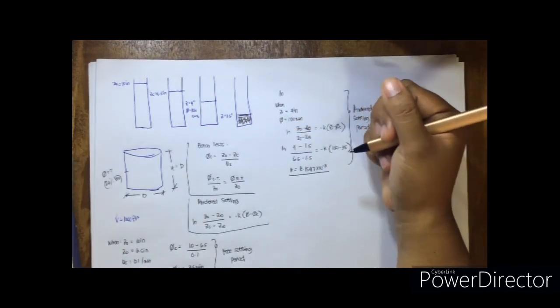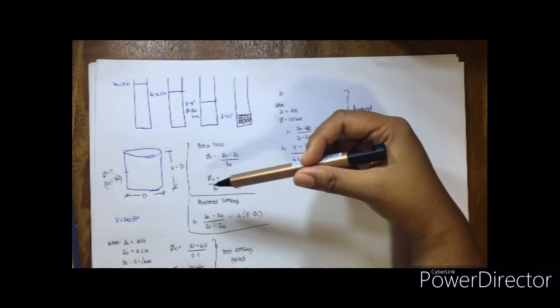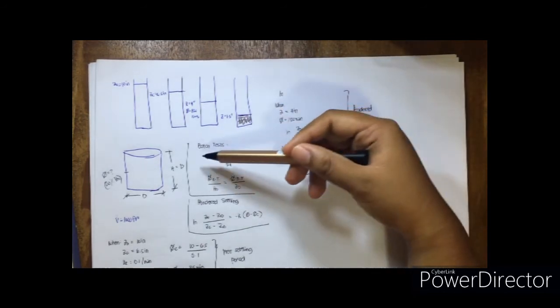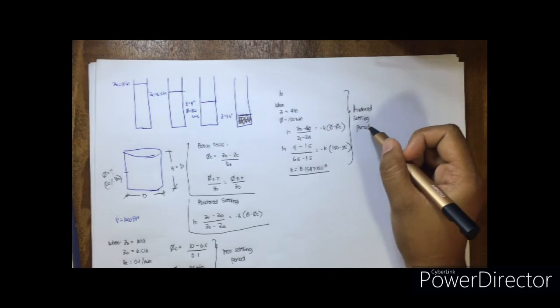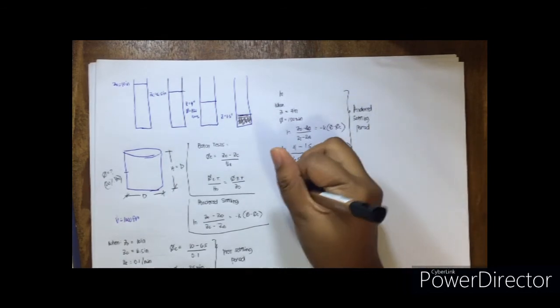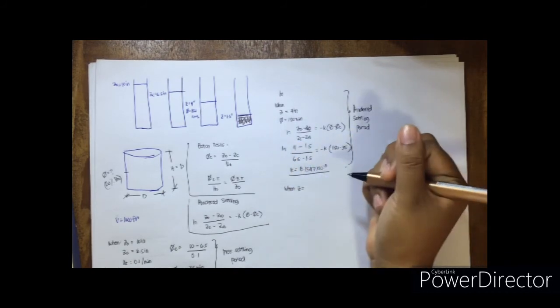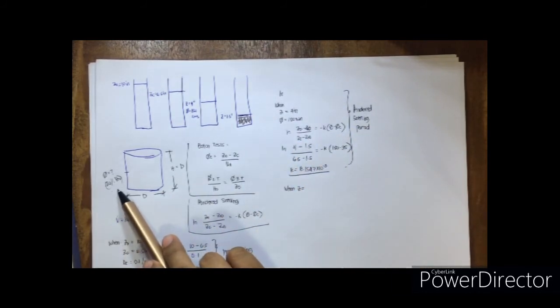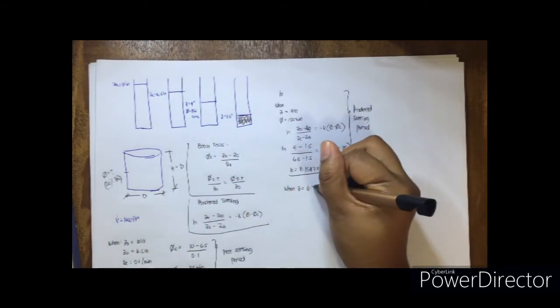Let's go on. Since the sludge used in our batch test and in the commercial tank is the same, we can use the data in that commercial tank for the hindered settling period. So when we have Z is equal to, since sabi sa problem 20% of the original height, so let's take 20%.